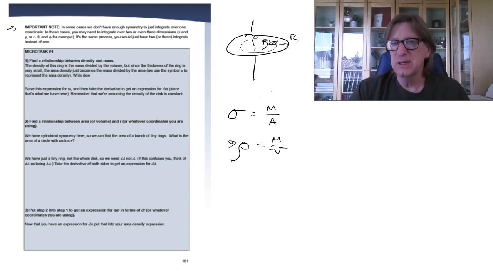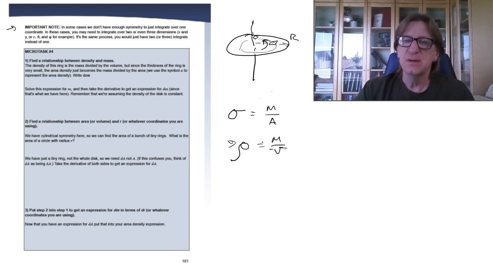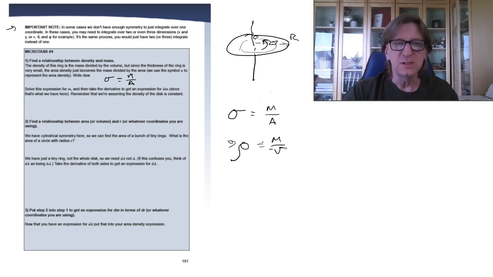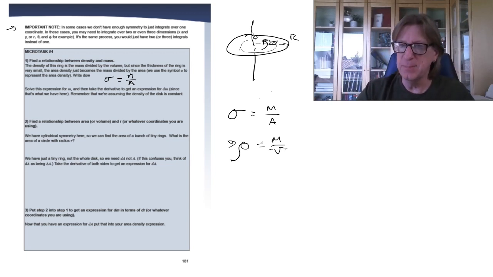Since our disk, we're assuming, doesn't have any thickness, or is at least very small compared to our capital R, then we can use our area density. So let's write that down here. So my area density, we use the symbol sigma, and then that equals m over A. All right, so we want to solve this expression for m, because remember, we're going to need to get a dm.